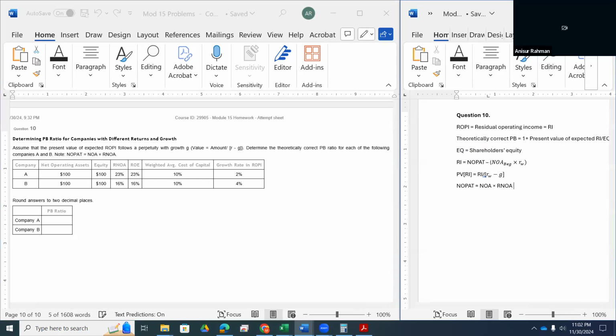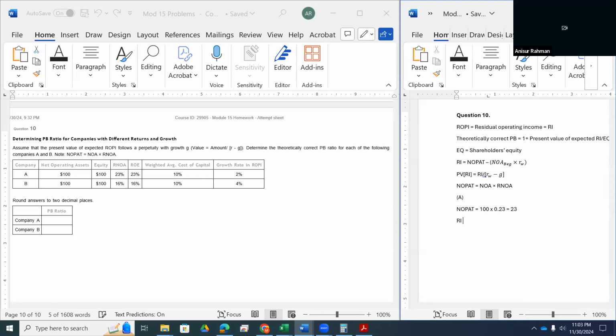So let us calculate NOPAT first. So NOPAT is equal to net operating assets, which is for company A. Let's say we are solving for company A. NOPAT is equal to net operating assets times return on net operating assets, which is 23%. So which will be 23.